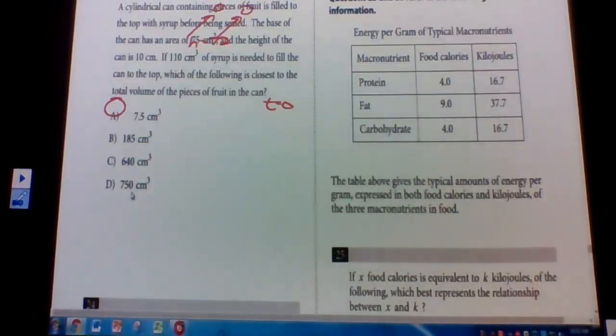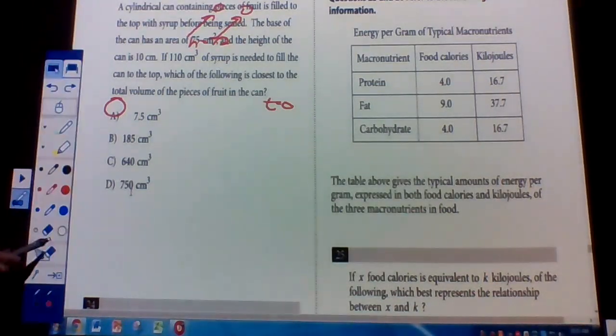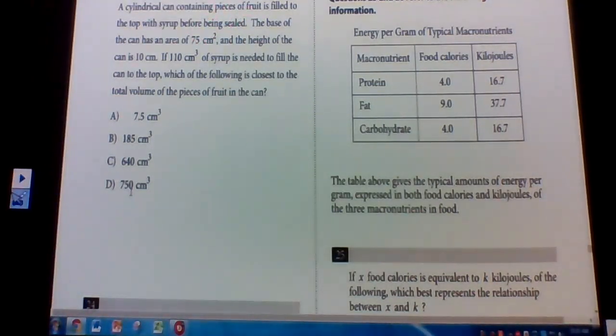A. All right. Energy per gram of typical macronutrients. Okay, the table above gives the typical amount of energy per gram expressed in both food calories and kilojoules for the 3 macronutrients in food.